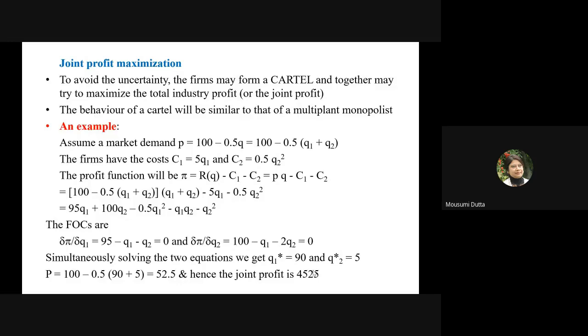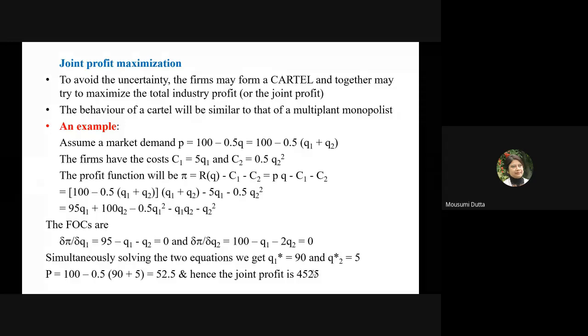What is meant by cartel? Different examples of cartel. Why cartel formation is sometimes very important, and when the market is very uncertain, why we need to form a cartel. All these things we will get. Very interesting, so please have a look at cartels.